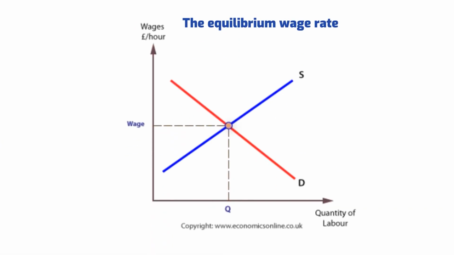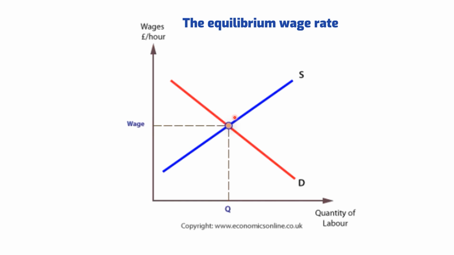Now that we understand labor supply and demand, let's take a closer look at how wages are determined in a competitive labor market. Just like in any other market, wages are determined by the interaction between labor supply and labor demand. The point where these two curves intersect is called the equilibrium wage rate. This is the wage at which the number of workers that employers want to hire equals the number of workers willing to work, just like in every equilibrium scenario from the introduction to economics discipline.